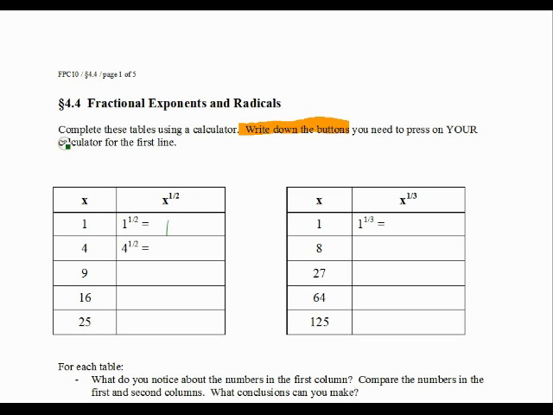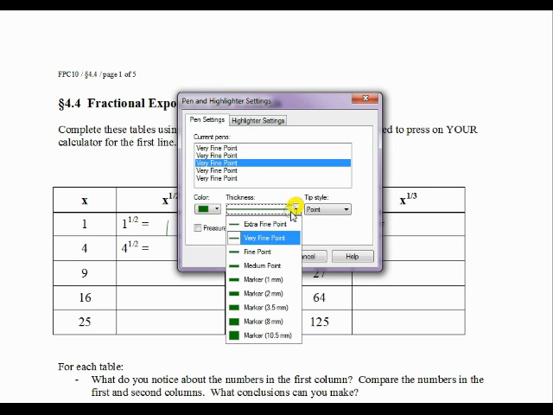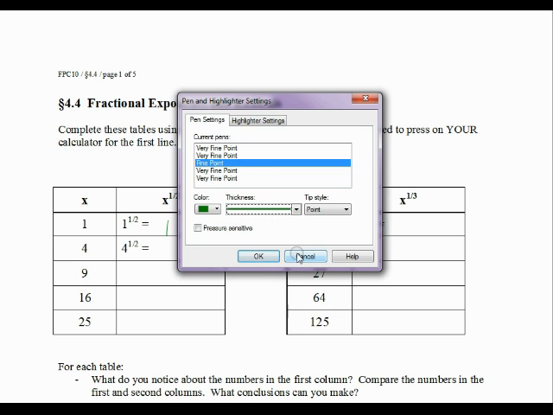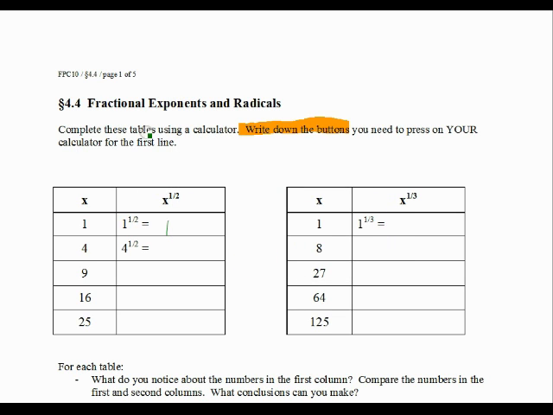Now on my calculator, I would have to press 1 to the power of, open brackets, 1 divided by 2, and that will give me 1.